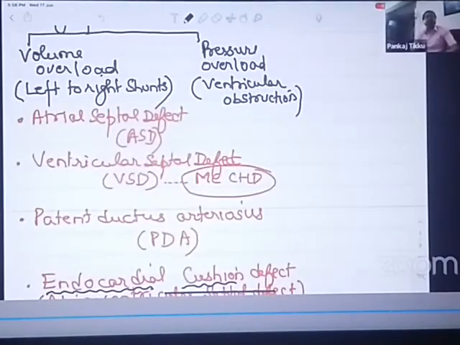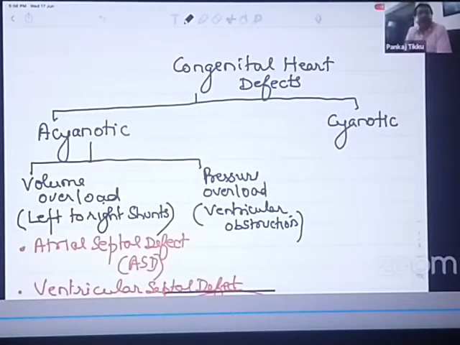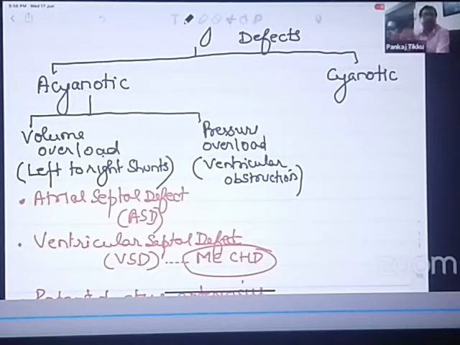So let me revise once again. Congenital heart defects may be acyanotic, they may be cyanotic. Acyanotic congenital heart defects further are divided up into volume overload and pressure overload. Volume overload heart defects primarily are heart defects which present with left to right shunts, while pressure overload heart defects are the heart defects which primarily are associated with ventricular obstructions.